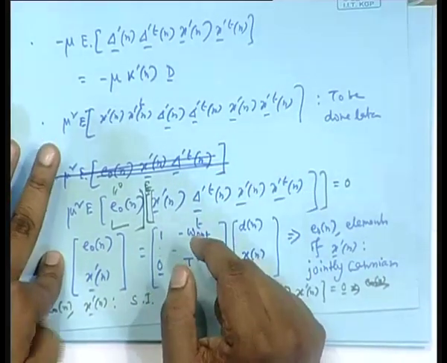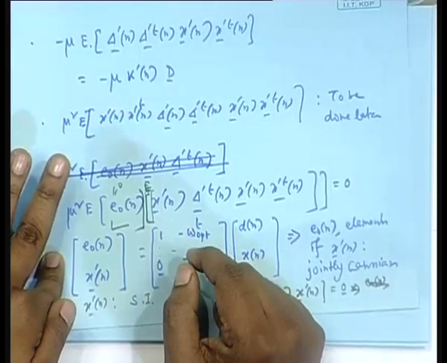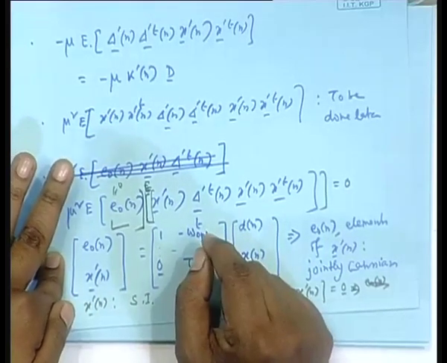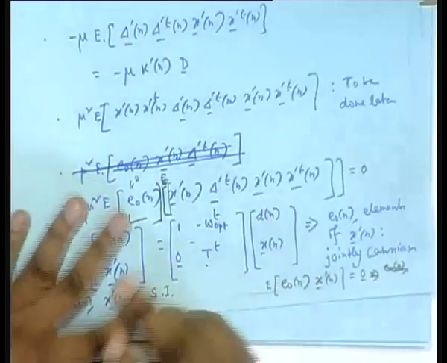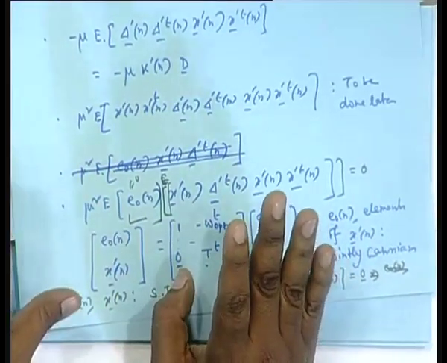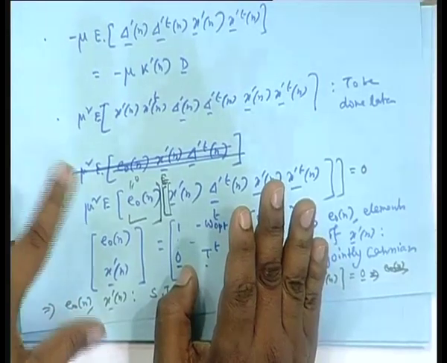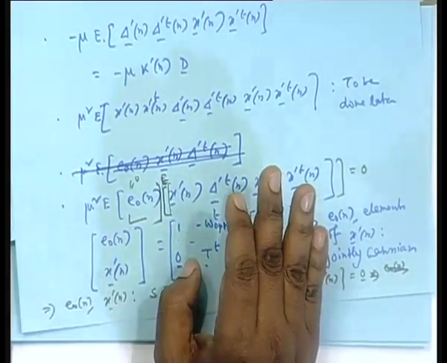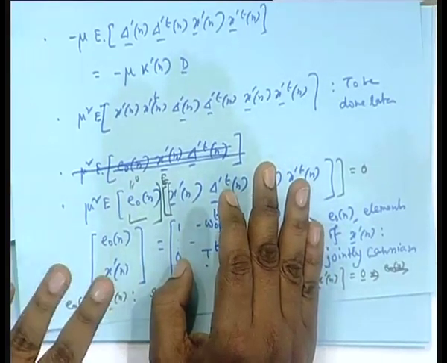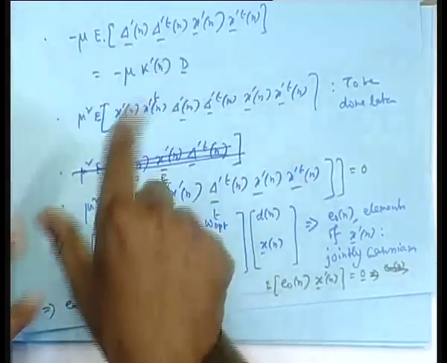If 4 variables are there, x1, x2, x3, x4, and there is a product x1 into x2 into x3 into x4, and you take E over that, under the Gaussian case you can simplify it as E of x1 x2 into E of x3 x4, plus E of x1 x3 into E of x2 x4, plus E of x1 x4 into E of x2 x3. This kind of permutation, that fact has to be used there to simplify. So I will do that in the next class. Okay? Thank you very much.